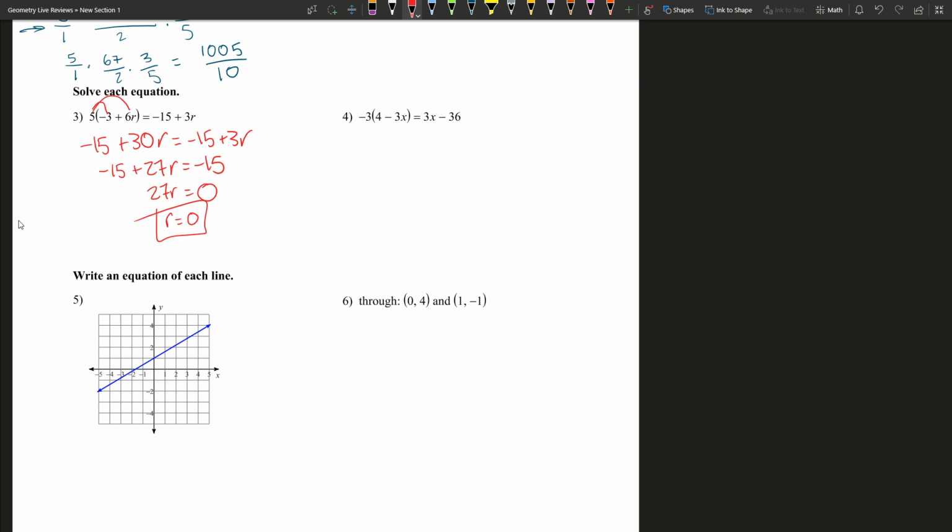Same thing on number 4. That negative 3 distributes to both terms. So we get negative 12 plus 9x is equal to 3x minus 36.